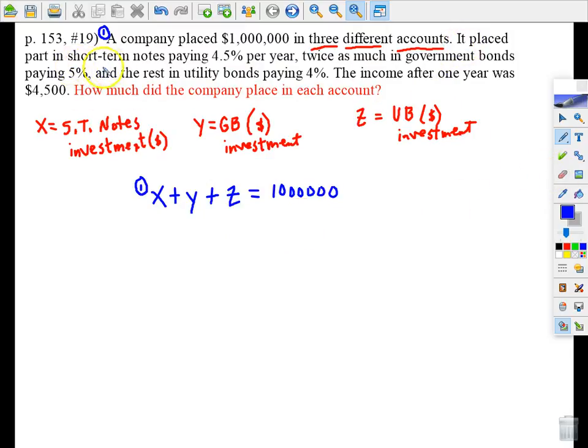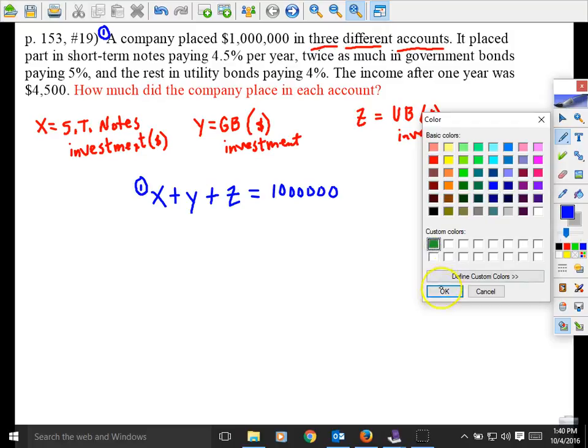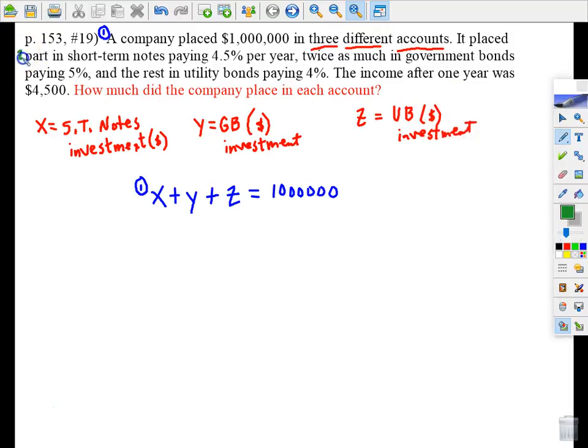It placed part of the investment in short-term notes, and twice as much in government bonds. Now, this might be a little confusing for some, but whatever we did in short-term notes, it's saying we did twice that amount in government bonds. I'm just going to label this second phrase with a different color. Part of my investment went in short-term notes, which is X, and twice that amount went to government bonds.